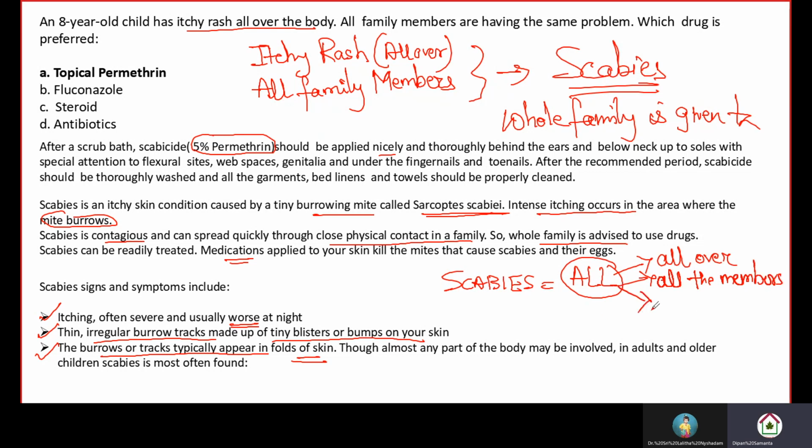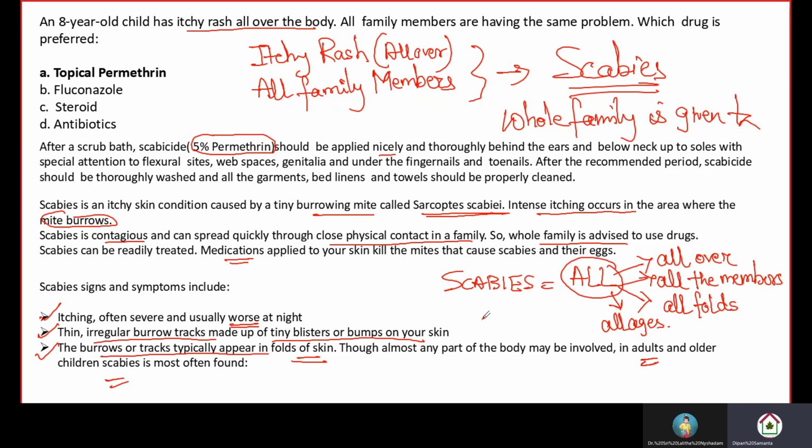Then all the folds of the skin can be involved, and almost all ages, especially adults and older children, but almost all ages can be affected.